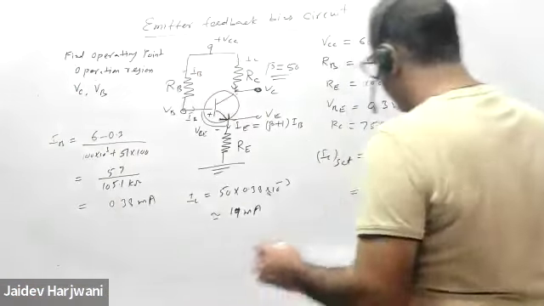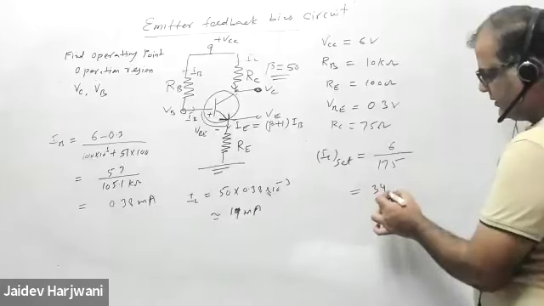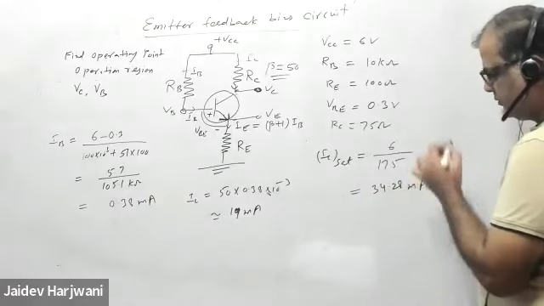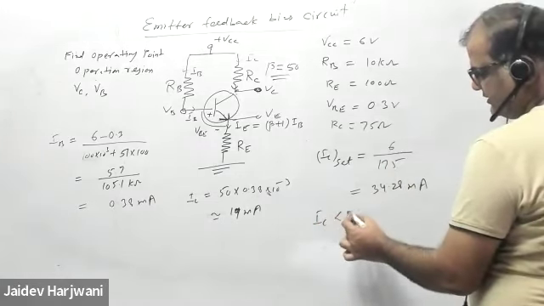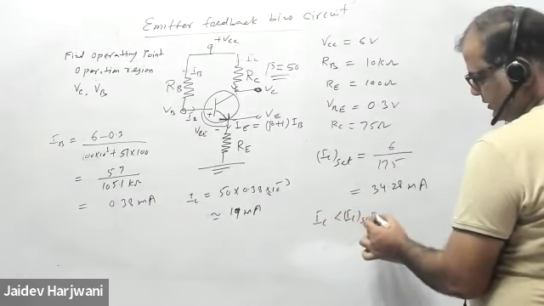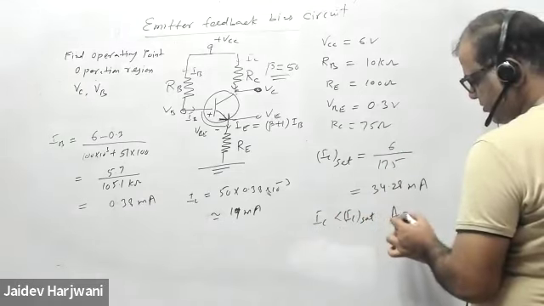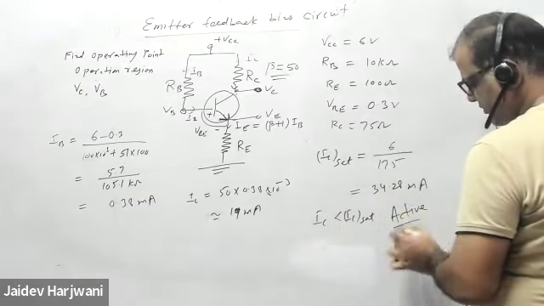Okay, 34.28 milliampere. Now you can compare. So IC is less than IC saturation. So the operation point is active.